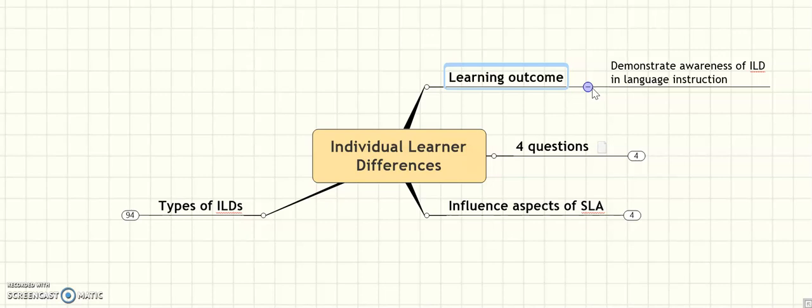So by studying individual learner differences, I hope we later can demonstrate our awareness of individual learner differences in language instruction.